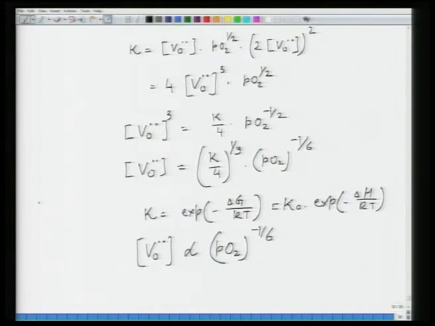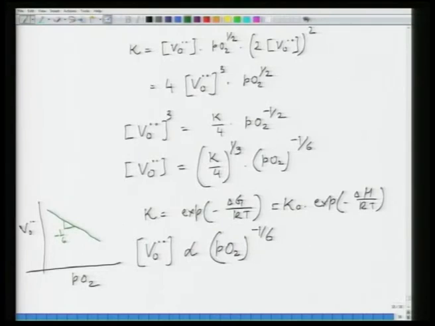So when you plot this concentration on a log scale, this is VO, and in that case you get the relation decreasing like this, and this would be your slope of minus 1 by 6.